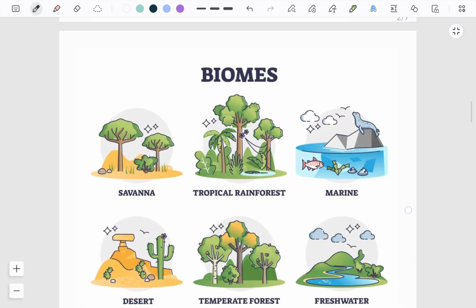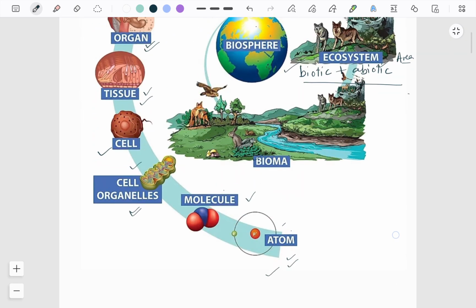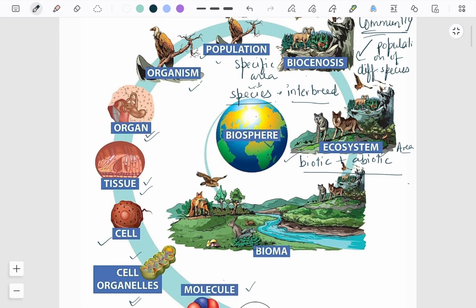Now, if I say mountain meadow, right? Or leave that right now. If I say different ecosystems, different ecosystems are a part of biomes. So what is a biome? A biome is also biotic plus abiotic, that is living things plus the non-living things on which the organisms depend, right?